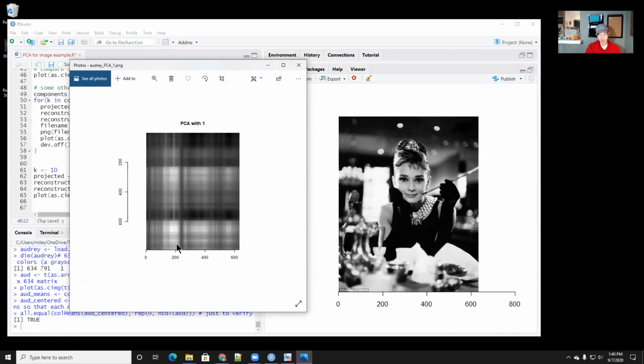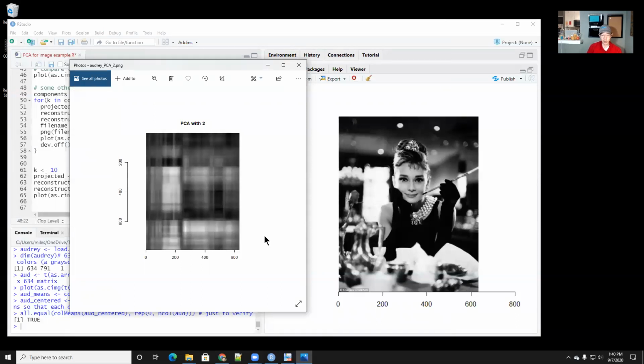So this is completely unrecognizable as an image. But this is what you get when you keep only the first principal component and try to reconstruct it. So this is projecting everything down to one dimension and then trying to recover the data from here.